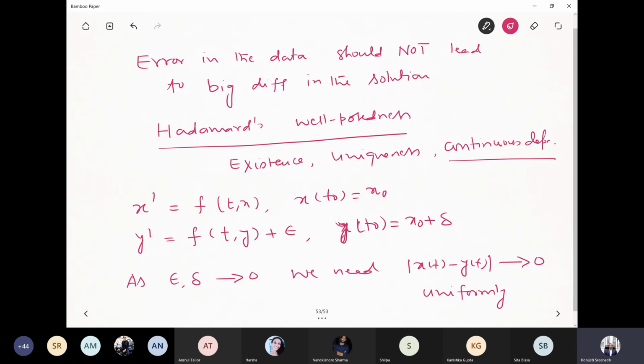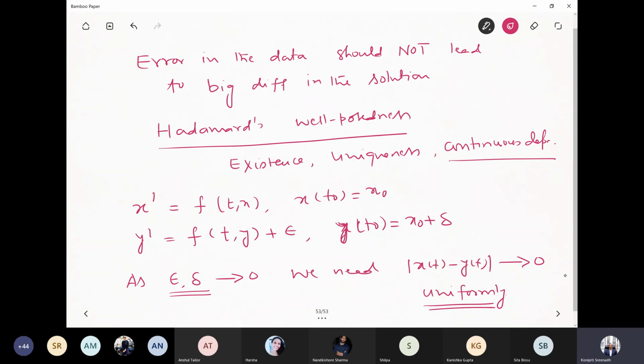It need not be for all times, but uniformly in a neighborhood around t naught. That is what continuity is: if I write x depending on f and x naught, where these two things go to 0, the difference between them also goes to 0.